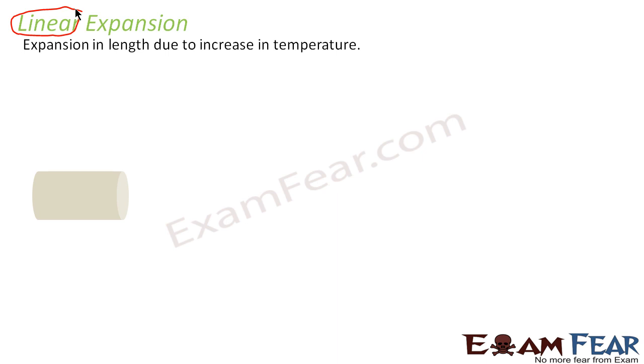As I told you, thermal expansion is increase in size due to increase in temperature. Now, increase in size can be increase in length. It can be increase in the entire size, both length and breadth. So it can be increase in many ways. So when I specifically talk about increase in length due to increase in temperature, it is linear expansion.